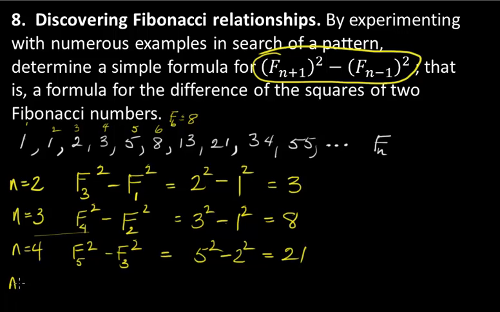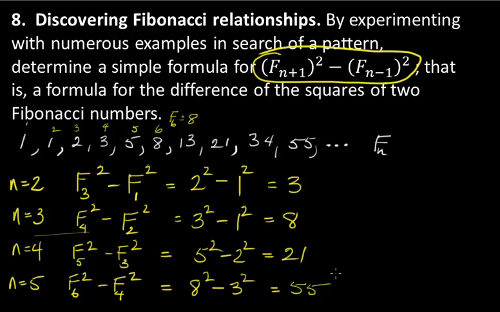Let's do one more. n equals 5. We have f6 squared minus f4 squared. The sixth Fibonacci is 8, so we have 8 squared minus the fourth Fibonacci, which is 3, 3 squared. So we have 64 minus 9 would be 55.